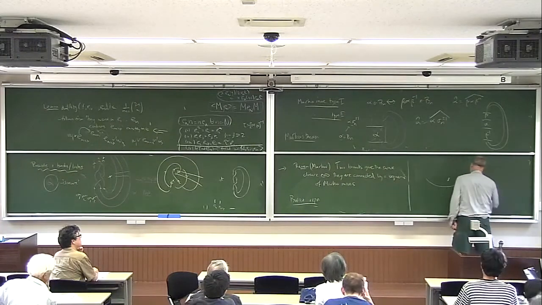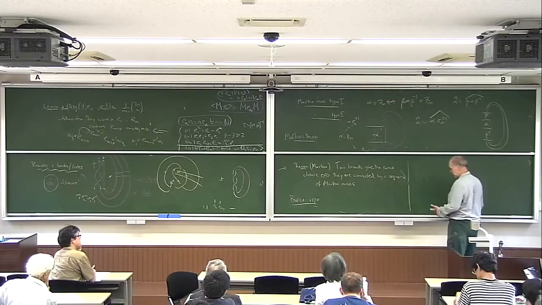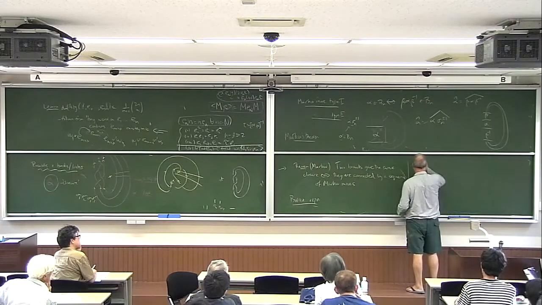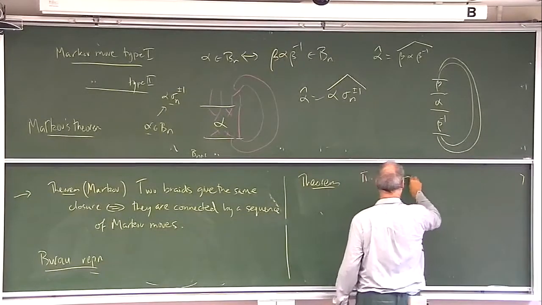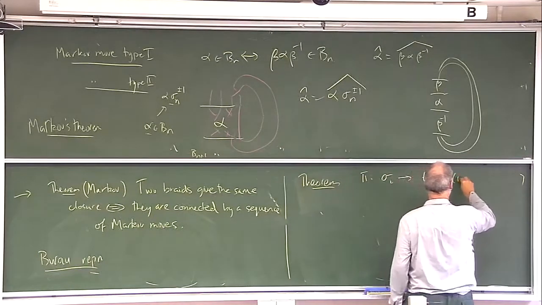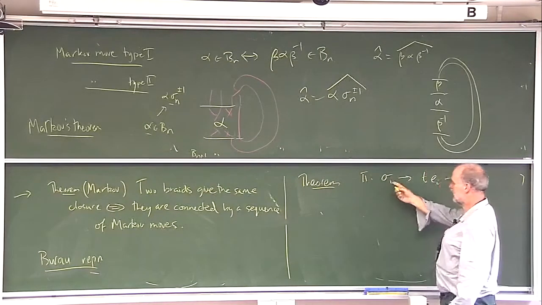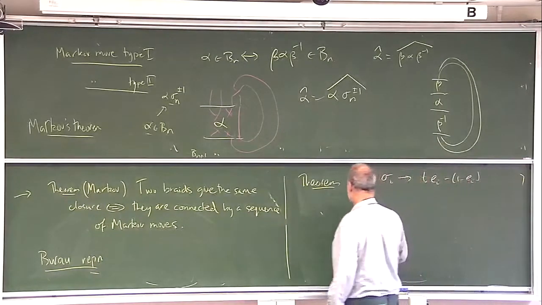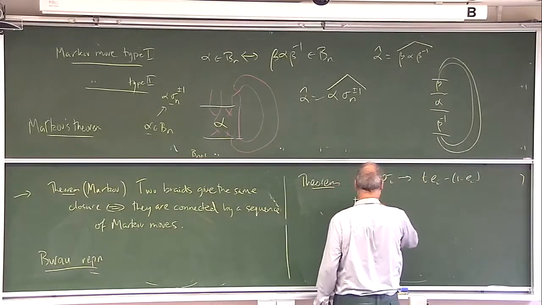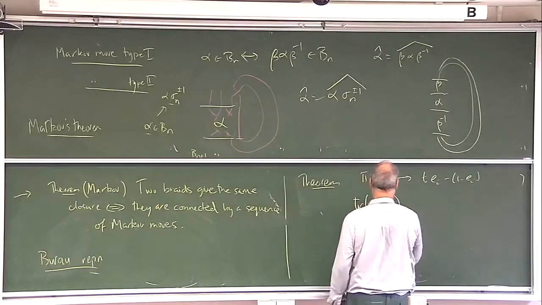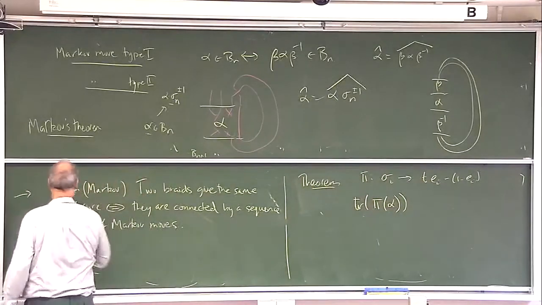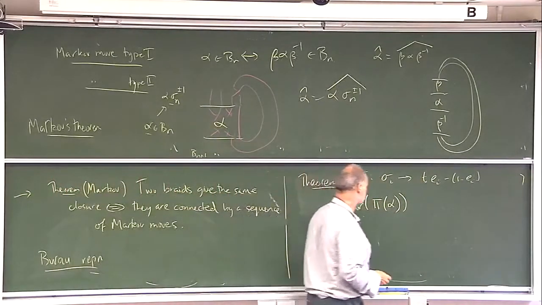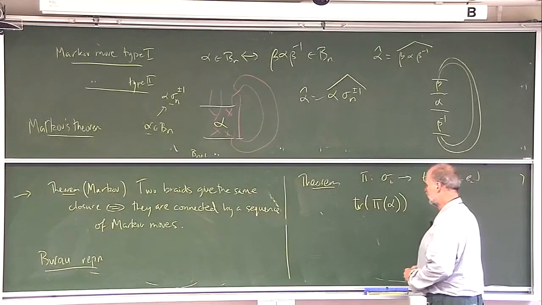But let me just write out the theorem. And it's barely a theorem, it's just a computation. So if you take, let's call pi the representation which sends sigma_i to t E_i minus E_i, a representation of the braid group inside the Temperley-Lieb algebra, and we'll take the trace of pi of alpha, and this is this trace, and basically this is the invariant, but we have to fiddle with it a little bit, I think.